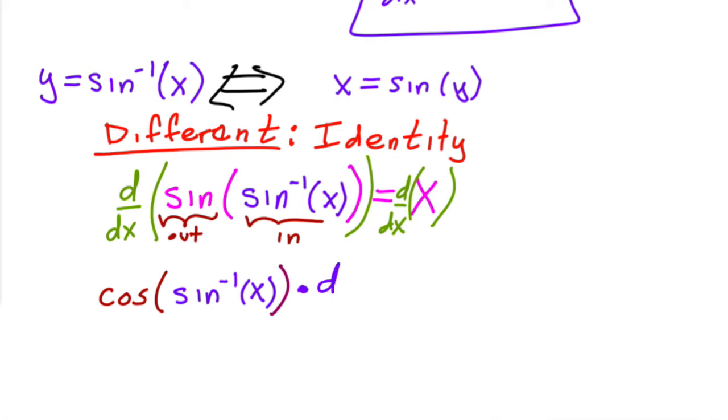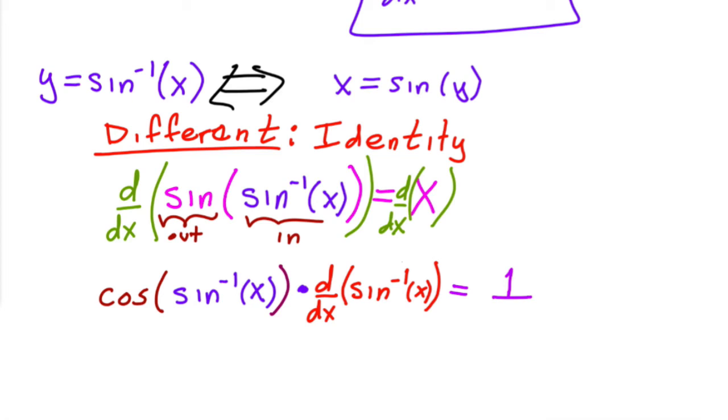So I'm just going to write it, let me choose a different color, as the derivative with respect to x of inverse sine, with the understanding that, hey, this is what I'm looking for. I don't know it, but this is exactly what I'm looking for. Okay, and this is equal to the derivative of x, which is simply 1.